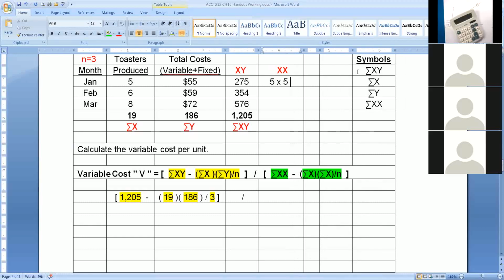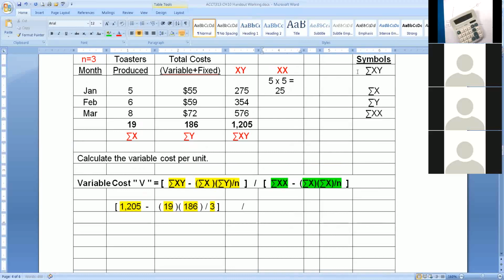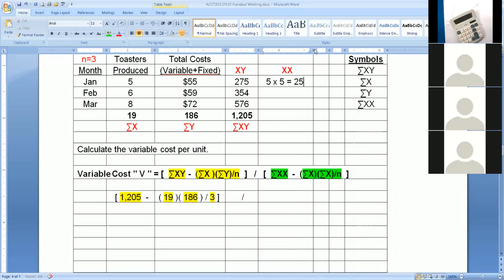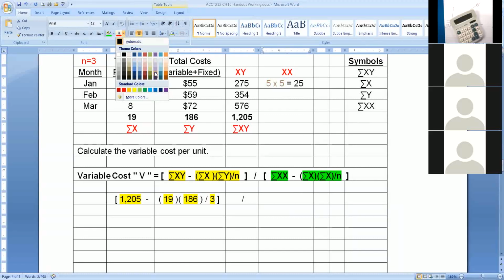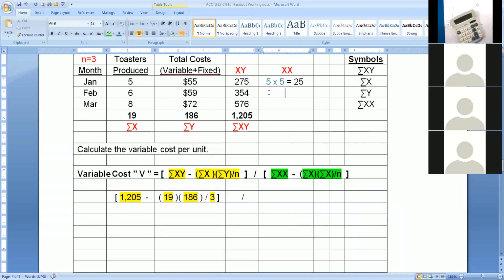Okay, 5 times 5 equals 25. So we're just multiplying these two. And we're going to do the same thing for the rest of these. So 6 times 6.